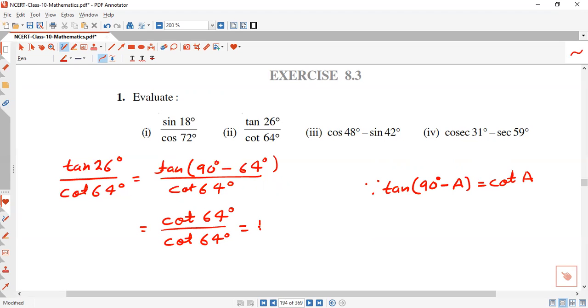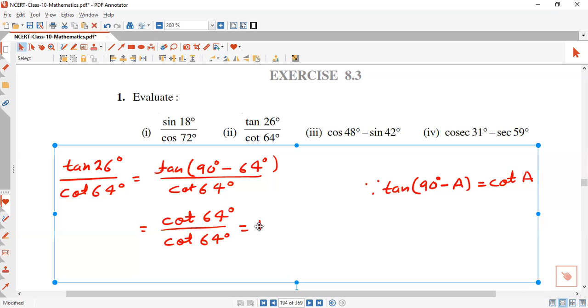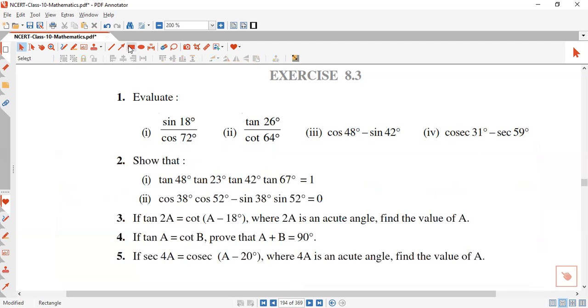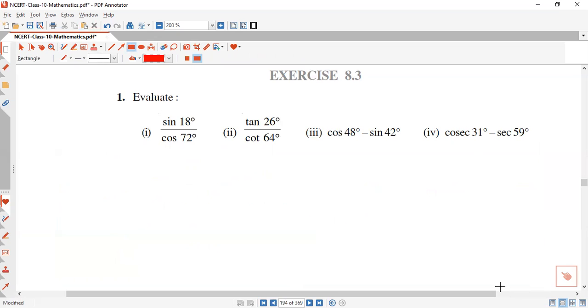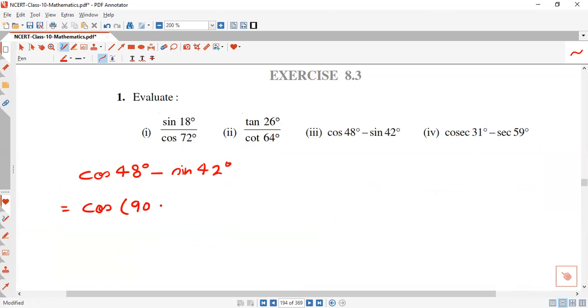See the question number 3. Cos 48 degree minus sine 42 degree, and we have to find its value. Cos 48 degree can be written as cos of 90 degree minus 42 degree, minus sine 42 degree.